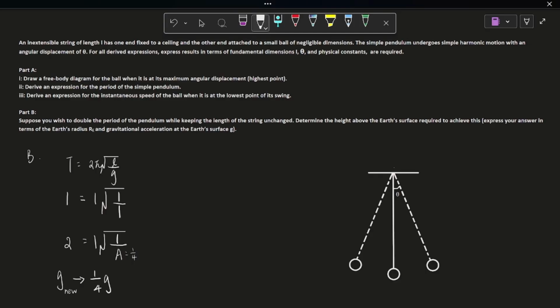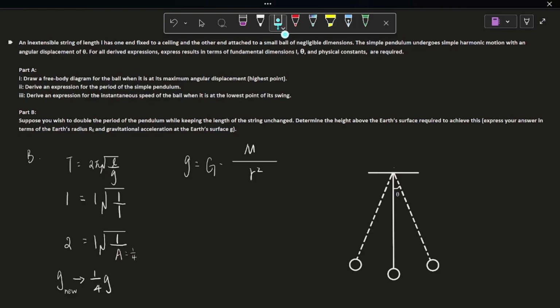So now let's go back to, I think, unit 2, the gravitational force and the gravitational constant. For g, we have a formula that is G times m, the mass of the planet, over r squared.